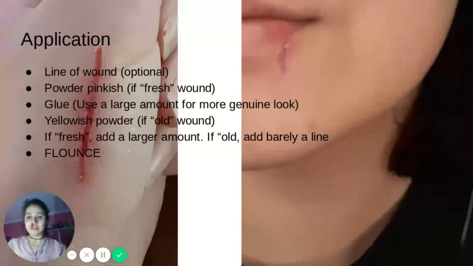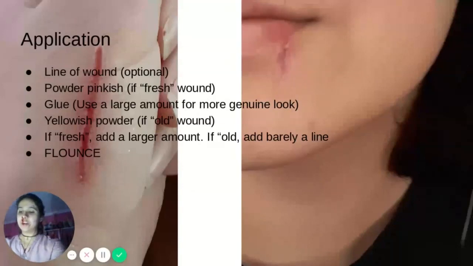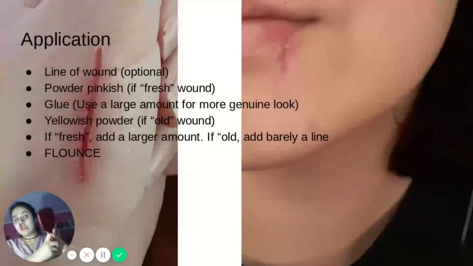Once you have fanned it, take your fake blood. If you want a fresher wound, use a darker colored blood or more of your drink enhancer. You get your toothpick for your fake blood, get a generous amount of fake blood on it, and make a line right through the line where your wound is at.